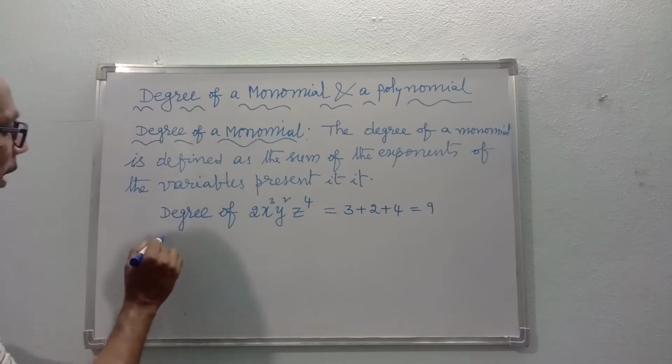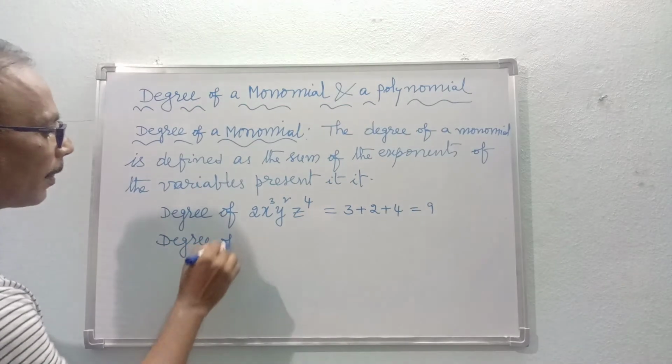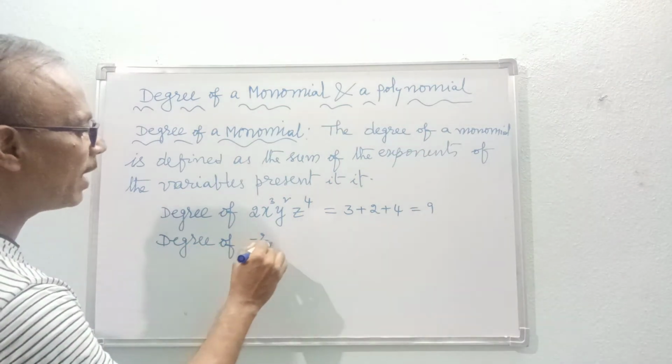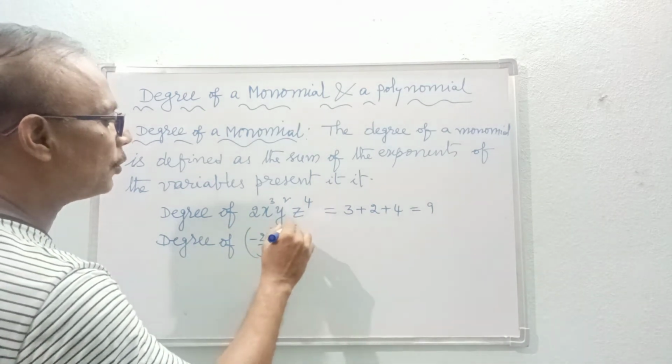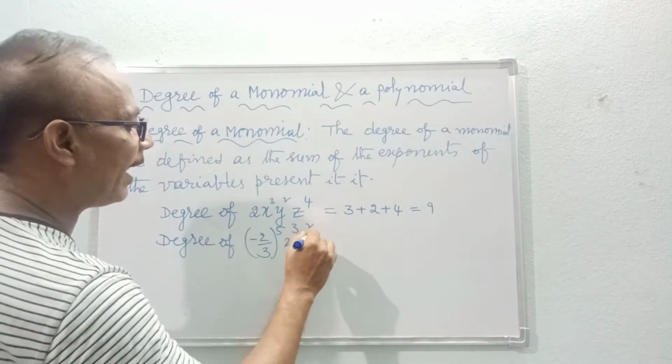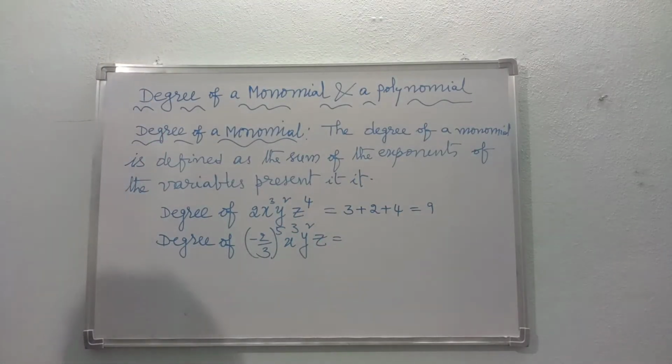Now let us see one more example. Degree of (minus 2 by 3) whole power 5 x cube y square z. In this, the variables are x, y and z.